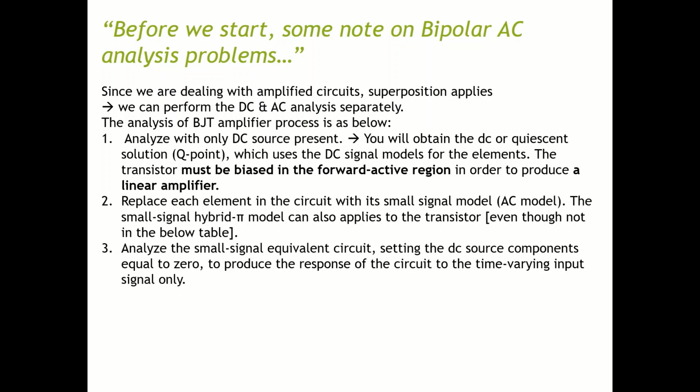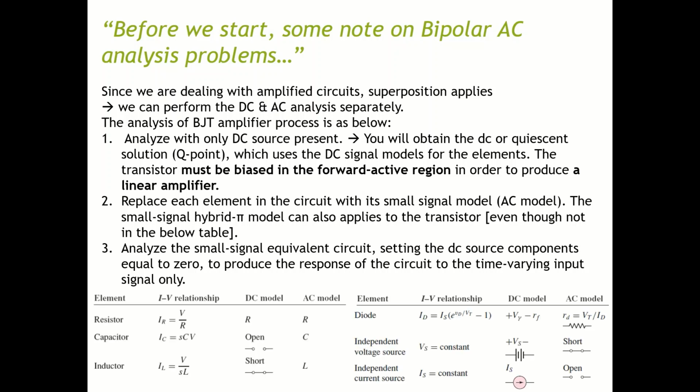And finally, we need to analyze the small signal equivalent circuit, setting the DC source components equal to 0, to produce the response of the circuit to the time varying input signal only. So as I say, we have basically different models, DC and AC, and this is the table of different components for each model.